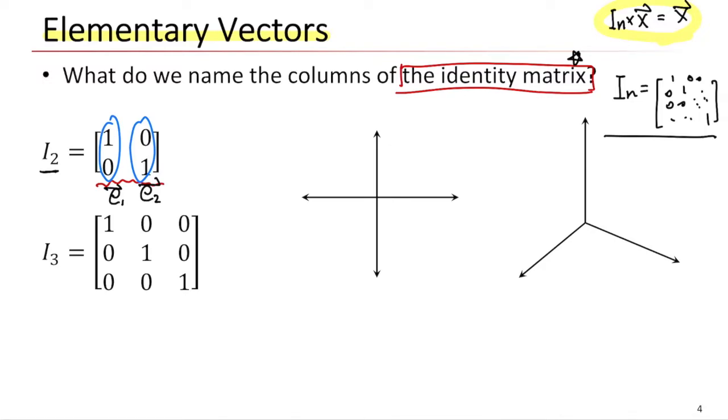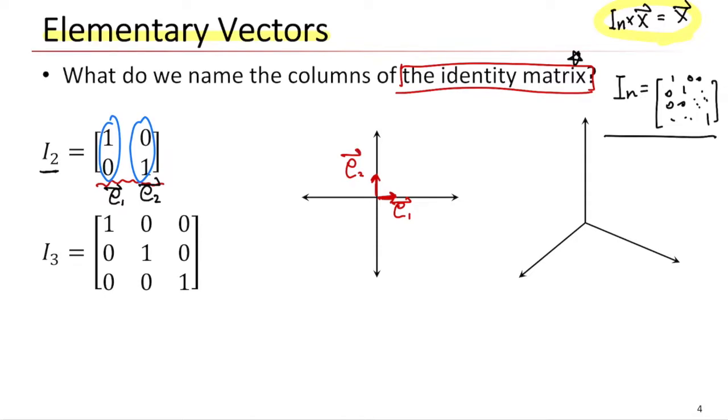In the 2D space, the vector E1 looks like that, and E2 looks like that. This is the elementary vector.